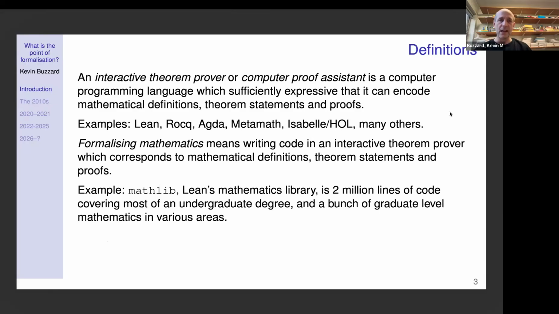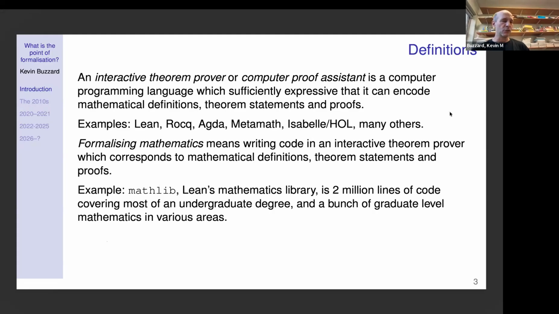One example of a lot of formalized mathematics is Lean's mathematics library called Mathlib, which is 2 million lines of code corresponding to lots and lots of theorems and definitions, which now covers most of an undergraduate degree and also a bunch of much harder mathematics in sporadic areas.